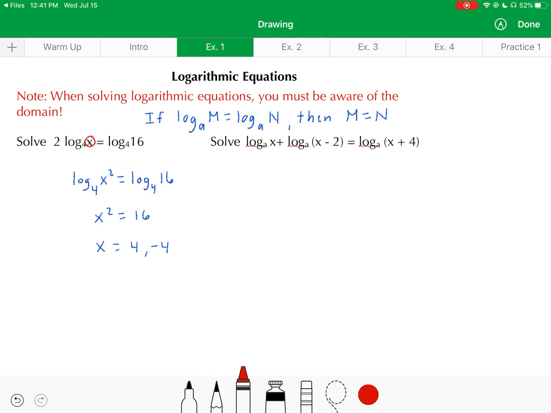Here, x has to be positive. So that means negative 4 is considered extraneous and should be ruled out. Let's make a note of that. Negative 4 is not in the domain of log base 4 of x.